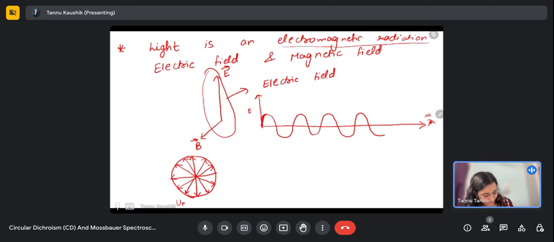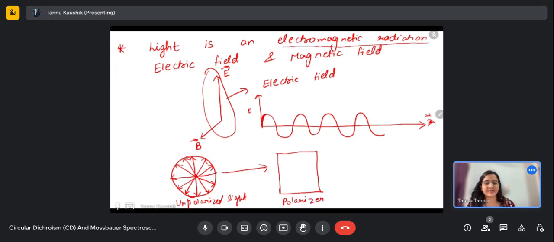So if this unpolarized light is passed through a polarizer, which is generally a crystal which allows only a single plane of light to pass through it, then we will get a plane polarized light. That is the light which has its oscillations in only one plane.